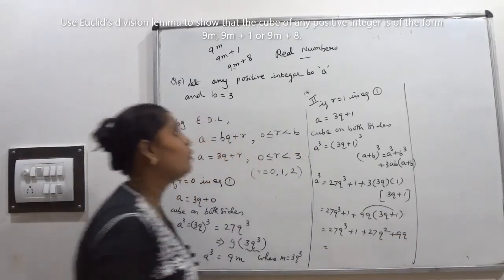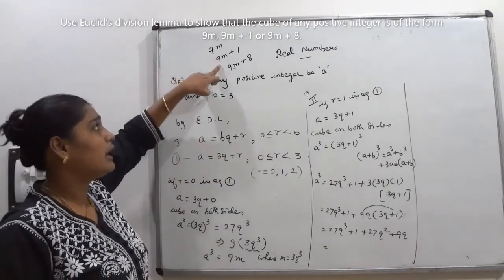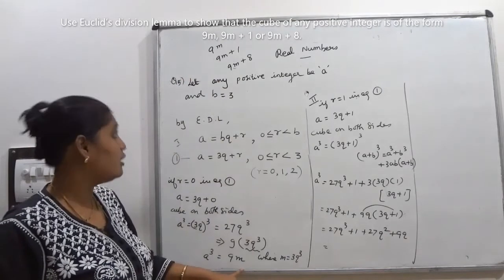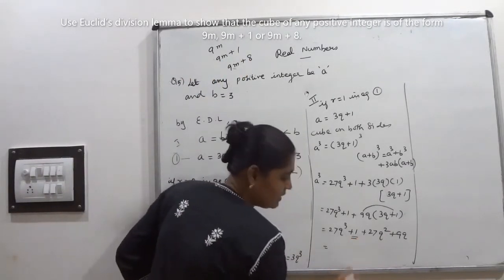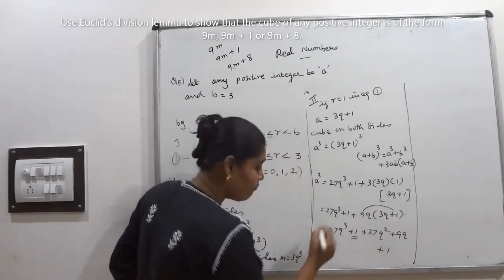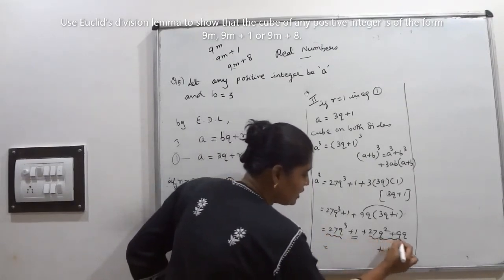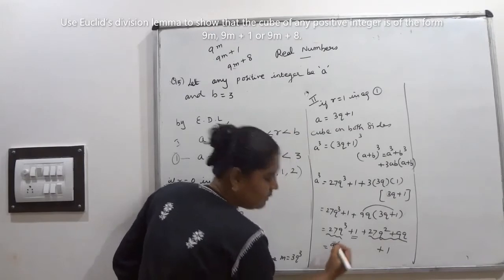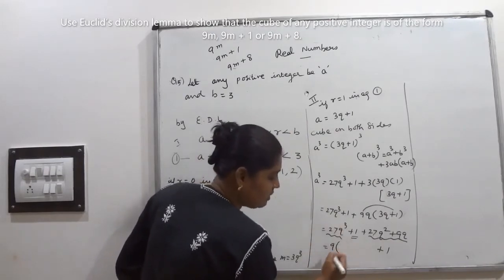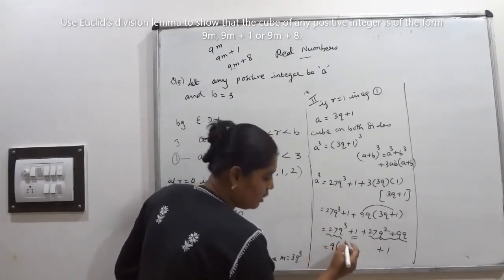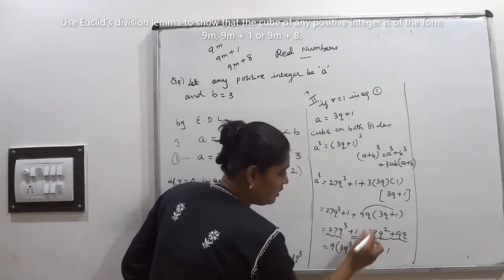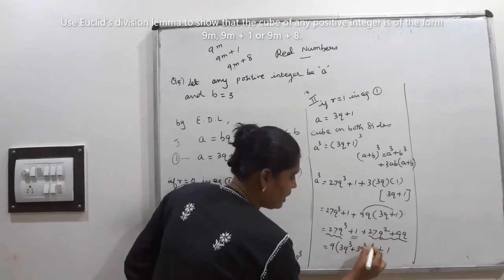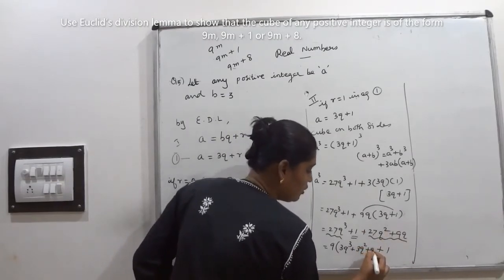See here what form I need? 9m or 9m plus 1. 9m I already proved, here 9m plus 1 we are going to prove. See here the plus 1 pattern is there, so keep plus 1 as it is. From the remaining numbers, you can take out 9. What will be remaining here? 3q cube, here also 3q square, and here q only is left over.